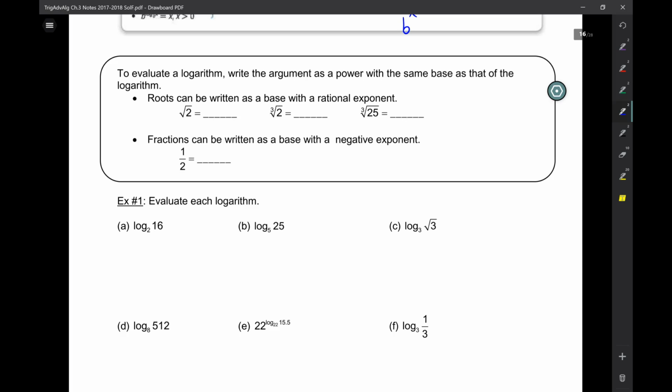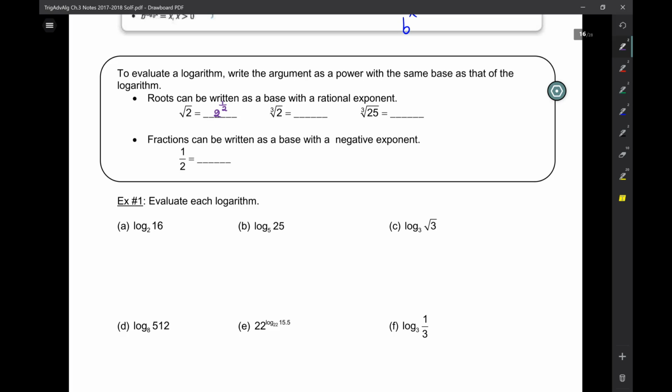One more preliminary thing we have to do is this. We need to talk about roots as exponents and fractions as exponents. Back in Algebra 1, you learned that the square root of 2 can be written as 2 to the 1/2. Do we remember this? So if you have root 2, that could be written as 2 to the 1/2.